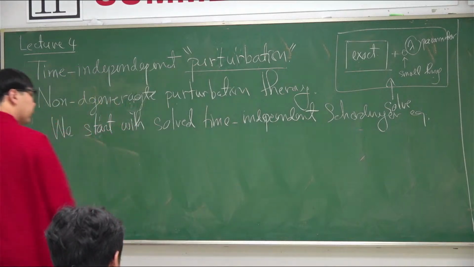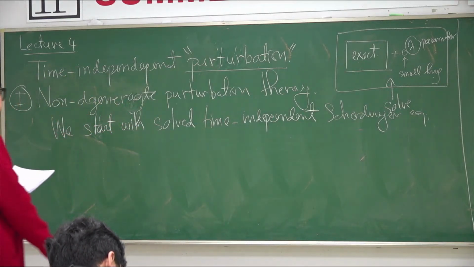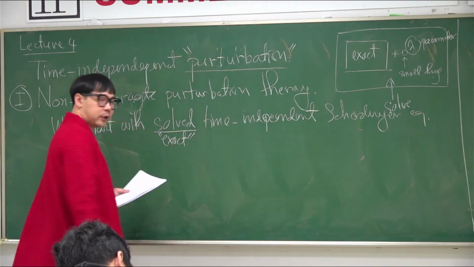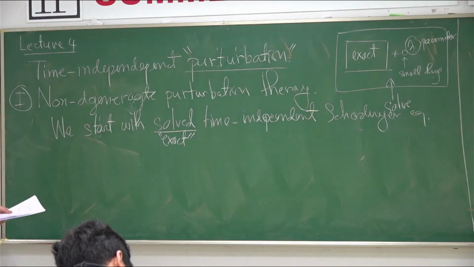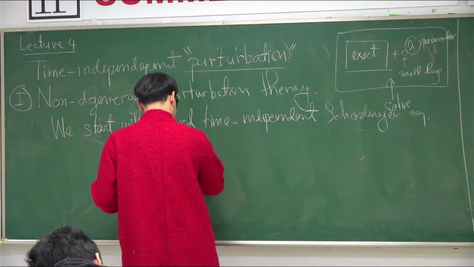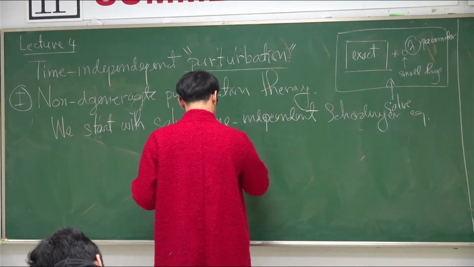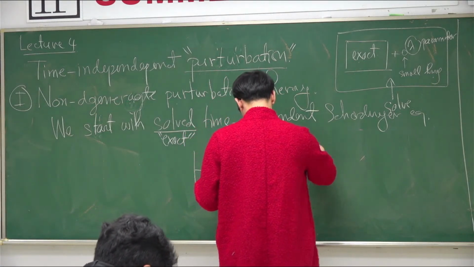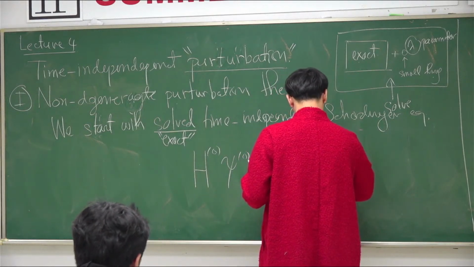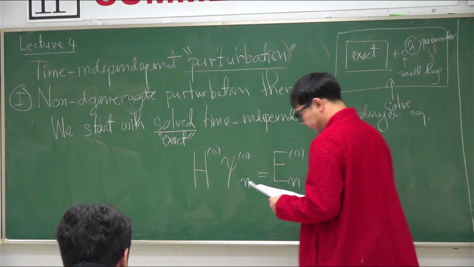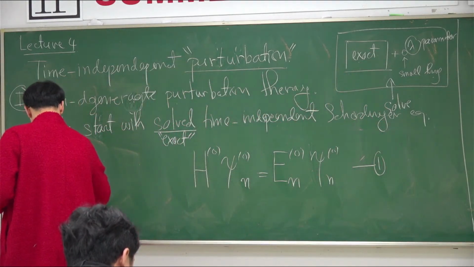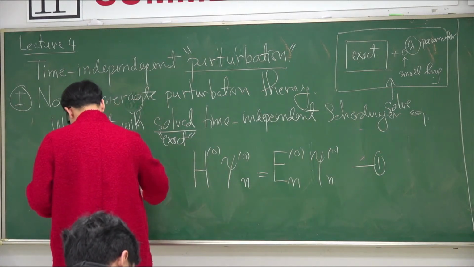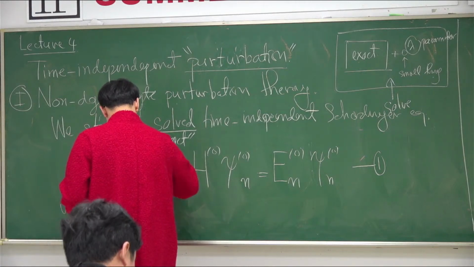Okay, so we start with some time-independent Schrödinger equation. It means that you could get the solution in the exact form. So let's say this is labeled by naught here, where the wave function must satisfy this.